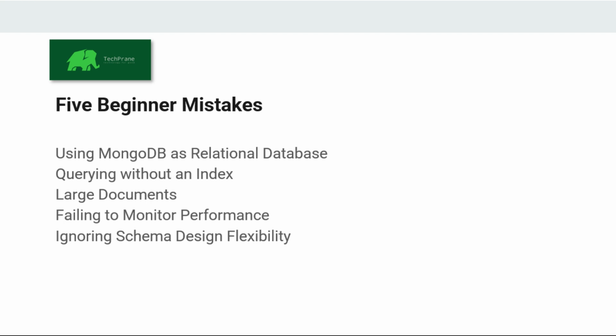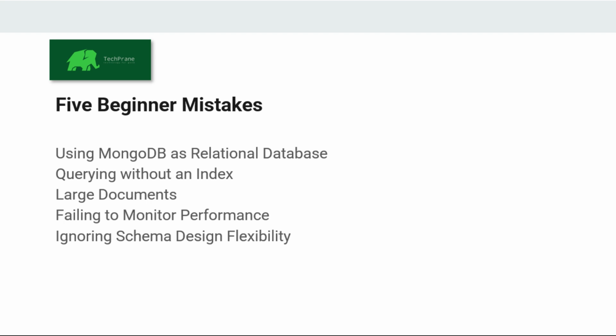MongoDB offers us the chance to evolve our database without downtime. You don't have to do any schema migrations if you want to add additional fields to your schema. So take advantage of that.